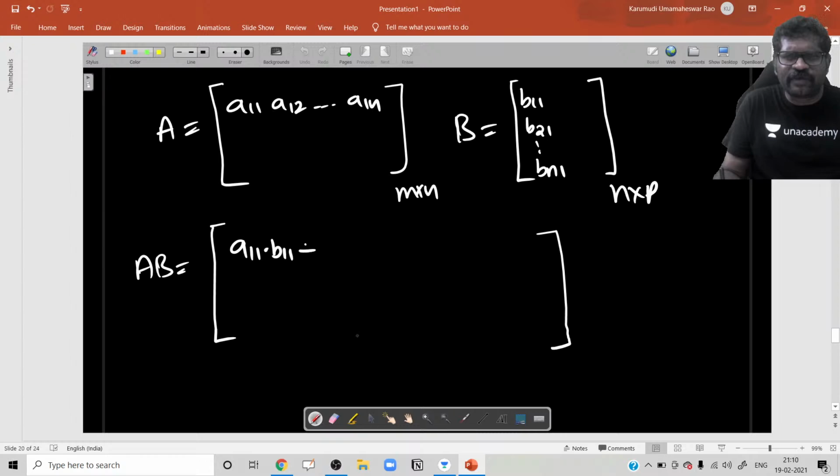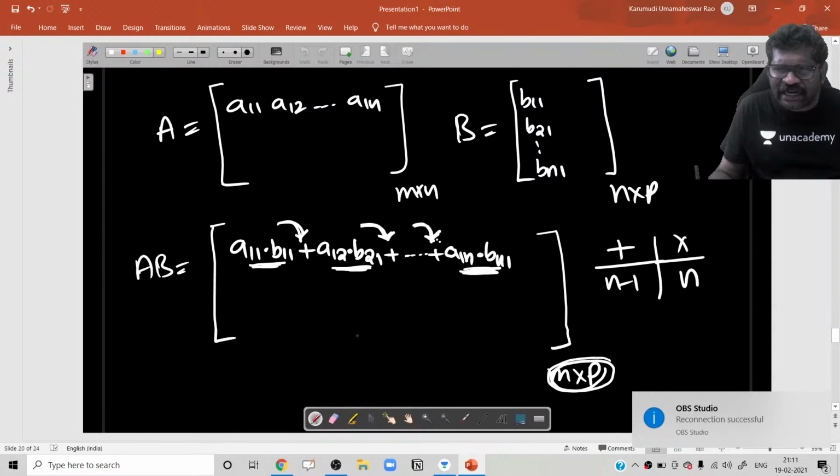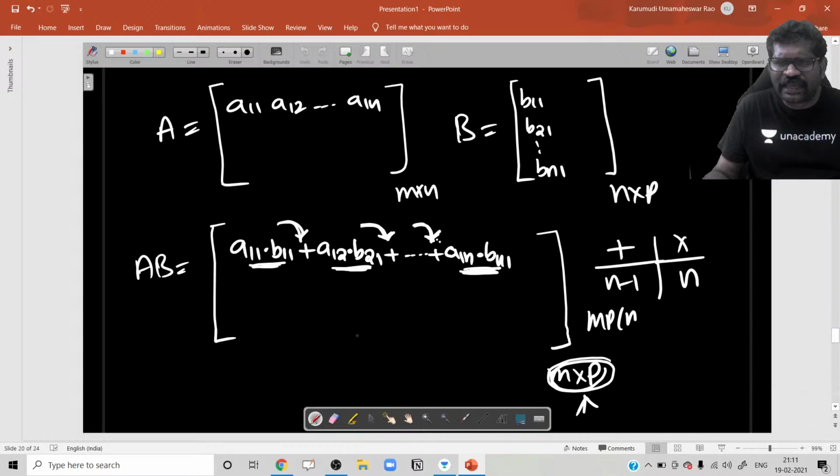A11 multiplied with B11 plus A12 multiplied with B21 plus and so on, A1n multiplied with Bn1. Observe. That's why to create MP number of elements, you have to multiply MPn times.